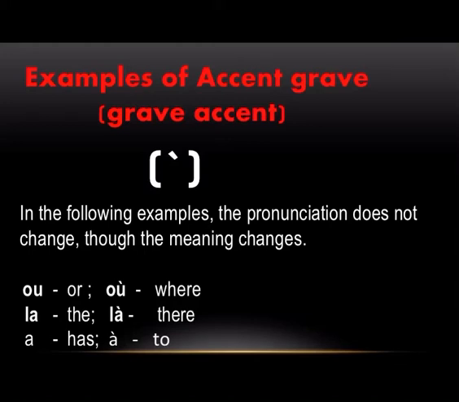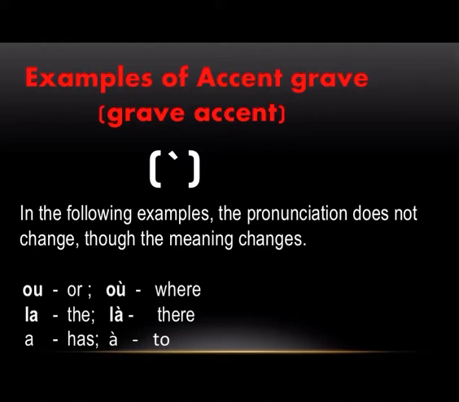In the following examples, the pronunciation doesn't change, though the meaning changes. U without an accent over U means or. U with an accent over U means where. La without an accent over A means the. La with an accent over A means there.